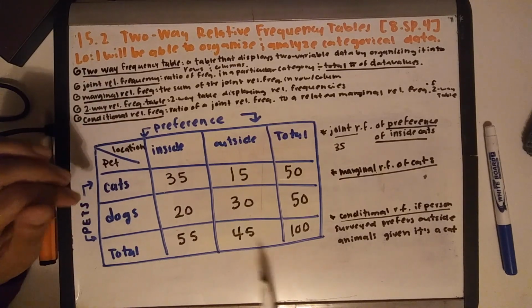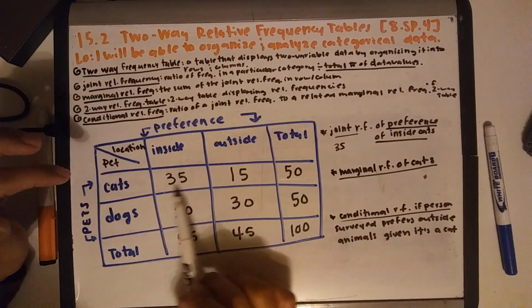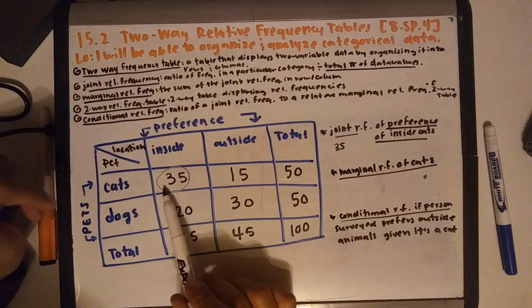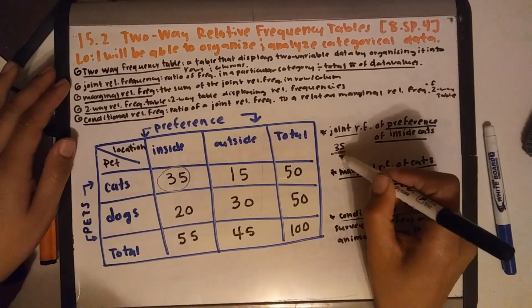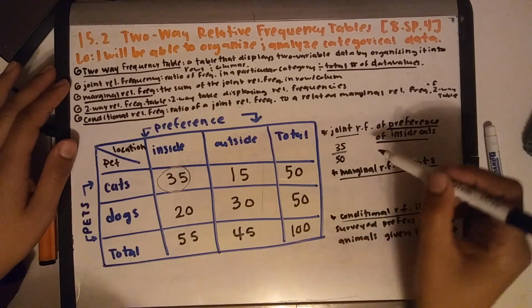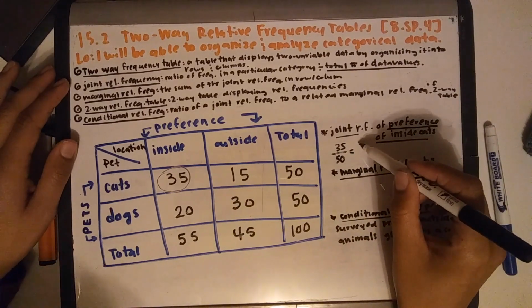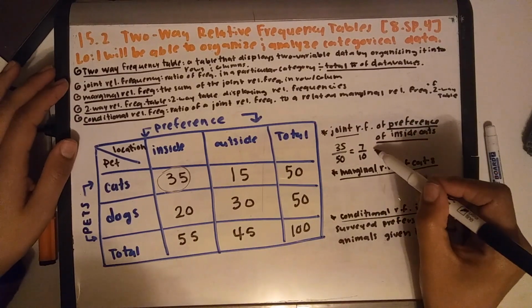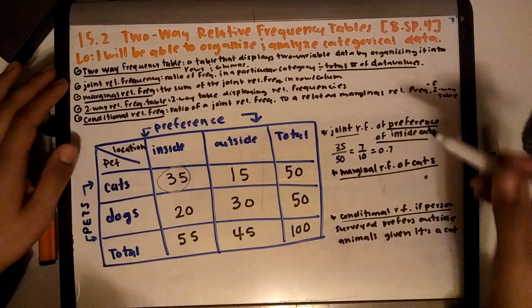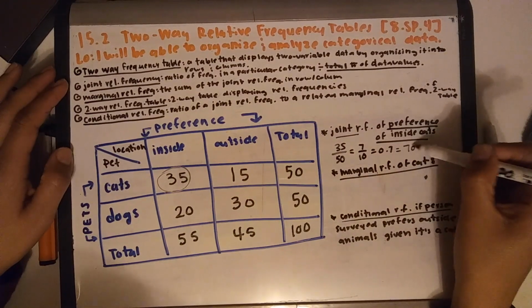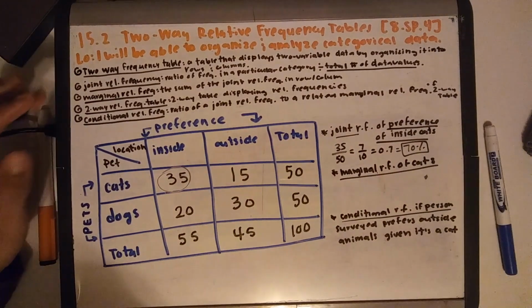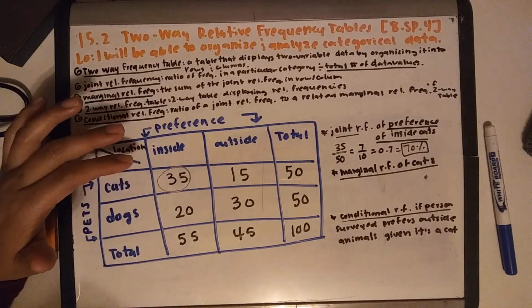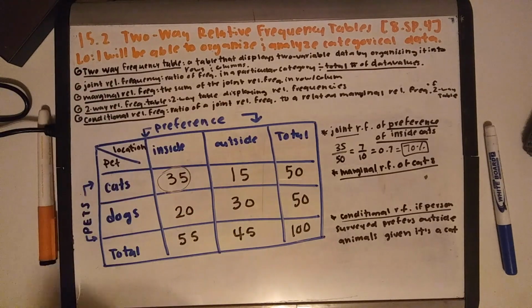So 35 people prefer cats to be inside out of 50, so that will be 35 out of 50, and then I will simplify by 5. That gives me 7 over 10, and if I change that to a percentage, it will be 70%. So that means that 70% of the people prefer to have the cats inside rather than outside. I think it's actually kind of the opposite, but we'll use this example right here.